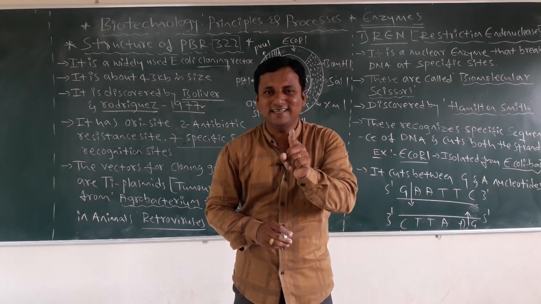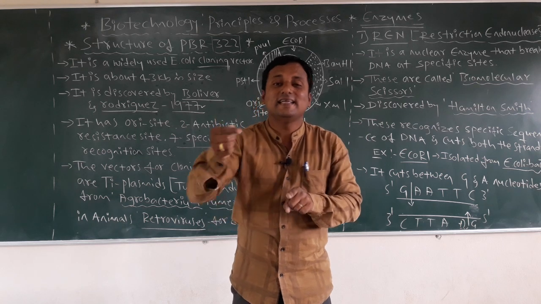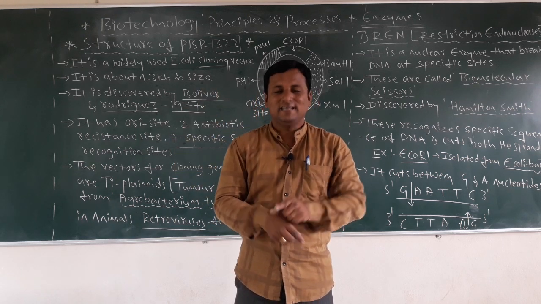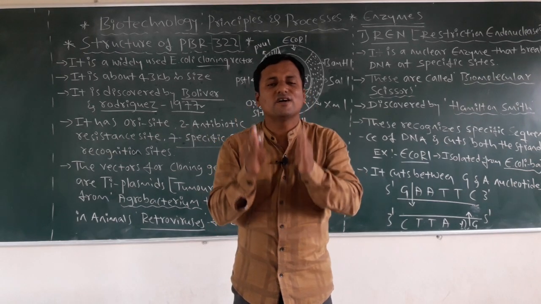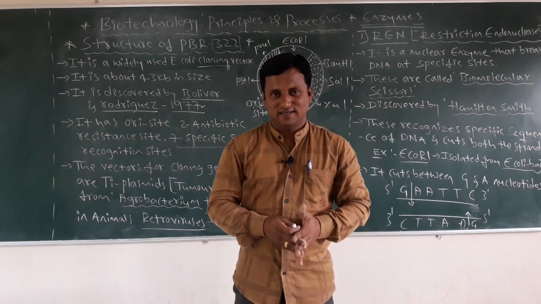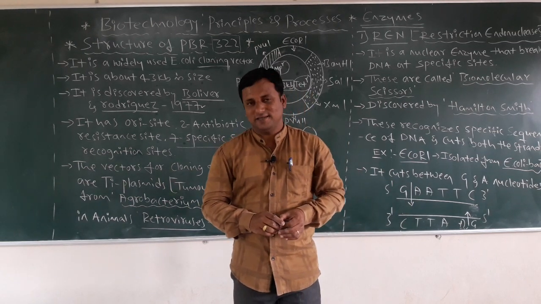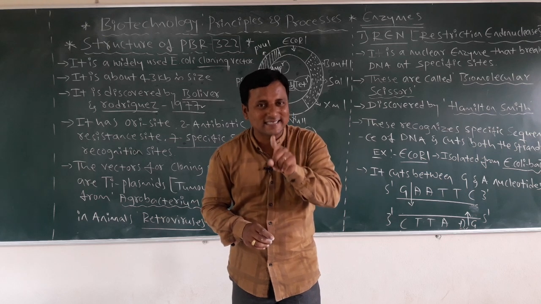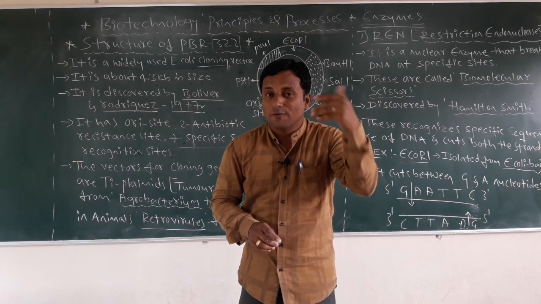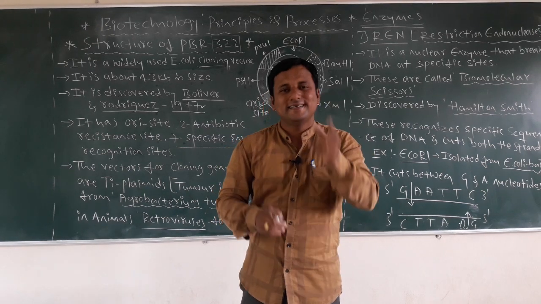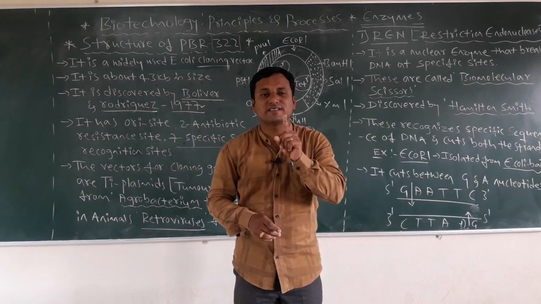Where is this plasmid used as a vector? In plants, where they want to form multiple copies. For that reason, they use the TI plasmid. Here, the TI plasmid acts as a vector in plants. From where is it isolated? It is isolated from Agrobacterium tumefaciens.